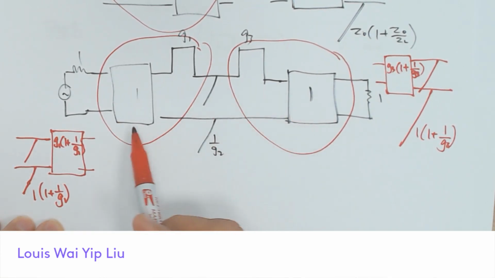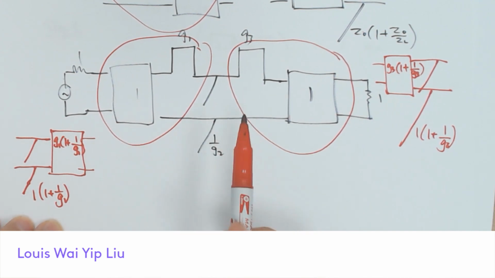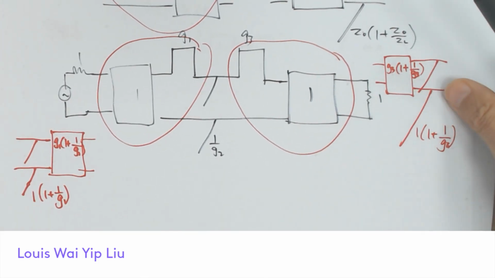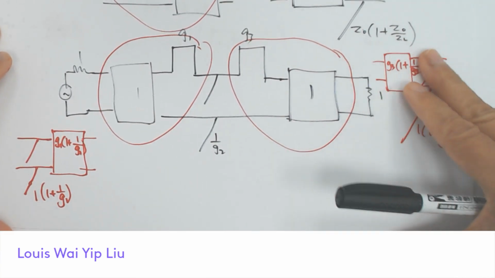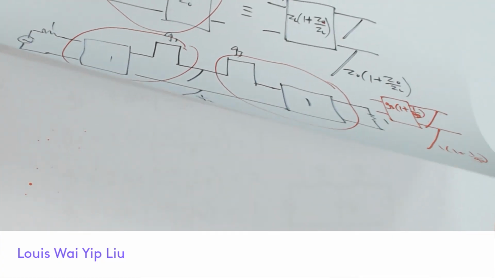So now we have almost symmetrical. We just need to rewrite this circuit. Yeah, rewrite this circuit. So we draw this circuit. So let me organize a little bit here.